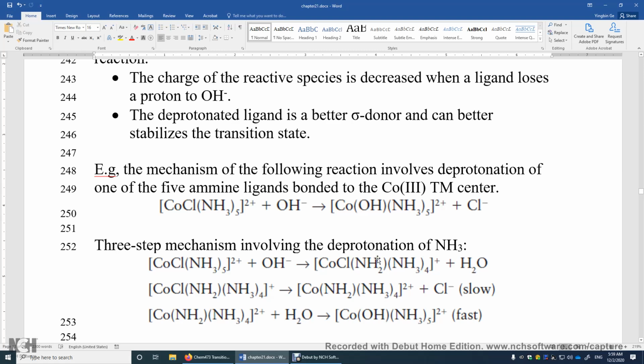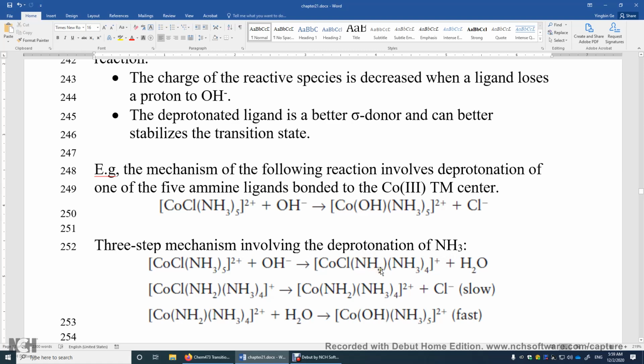NH2- has 2 lone pairs, so it's going to use 1 lone pair to form a sigma bond with this cobalt center. The overall charge decreases from 2+ to 1+ because of this change.